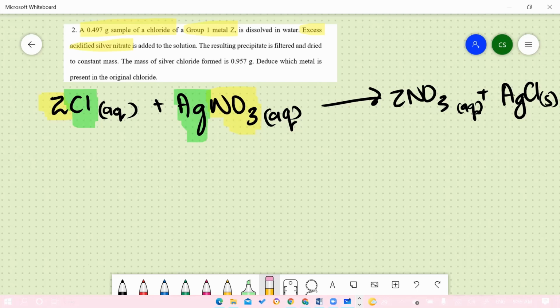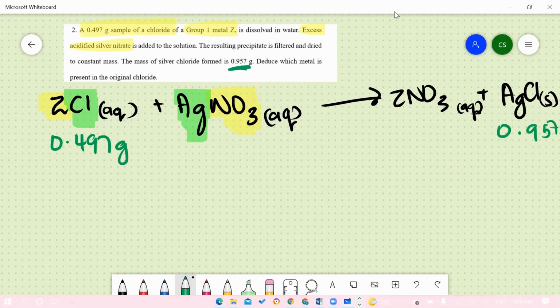So we know the products that we got. Now we know that the mass of silver chloride that we got was 0.497 grams. So the sample of this was 0.497 grams. Great.